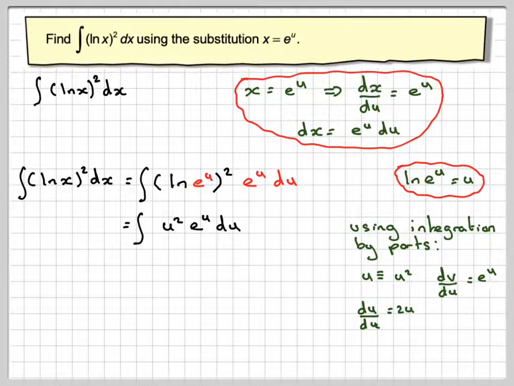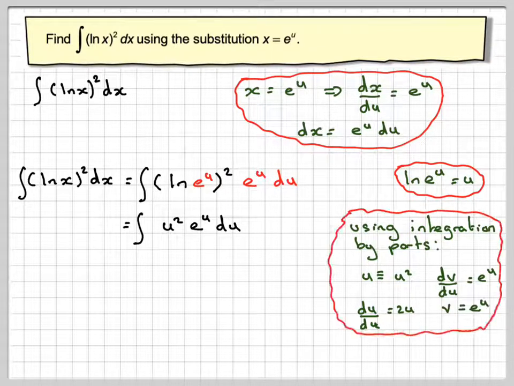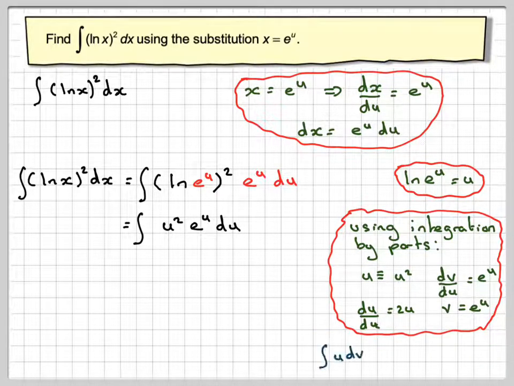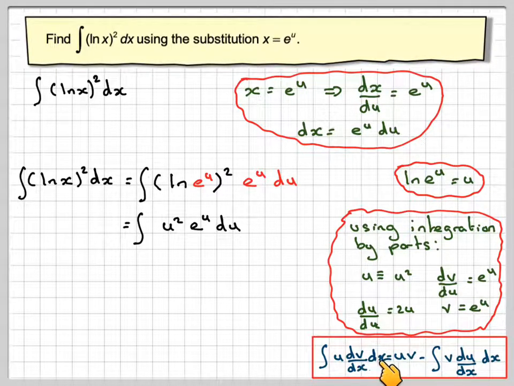If we integrate e to the u, you get itself. And the rule for integration by parts is the integral of u dv by dx is equal to uv minus the integral of v du by dx.